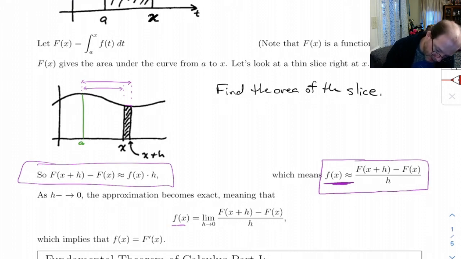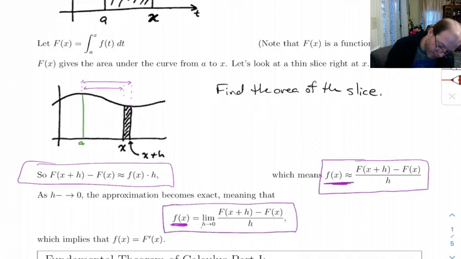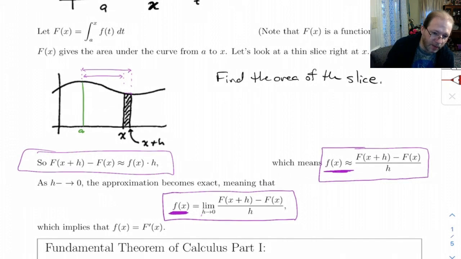And so what we get is little f of x is equal to the limit as h goes to 0 of big F of x plus h minus big F of x over h. This is the derivative. So what this says is this side over here is f of x, and on the other side what we have is big F prime of x. So that shows us that the derivative is related to this.